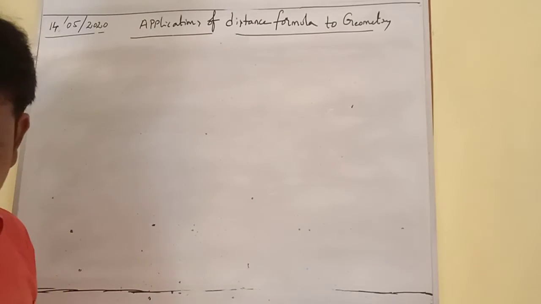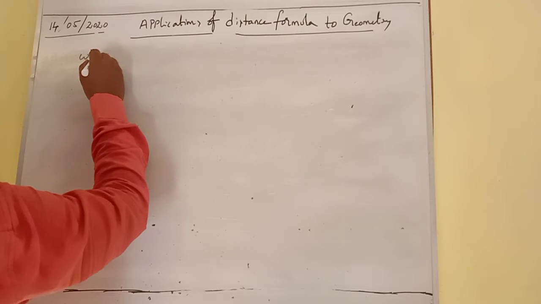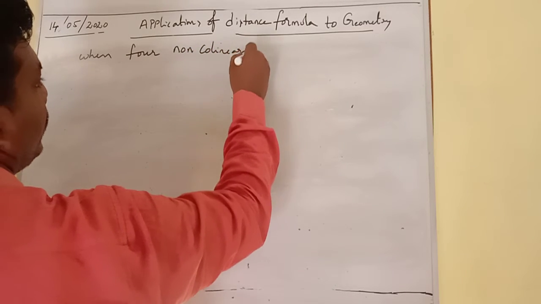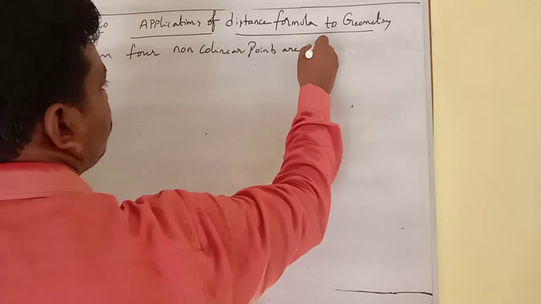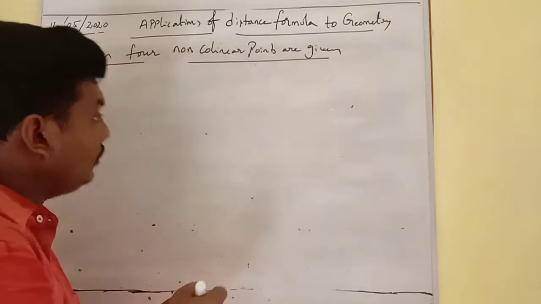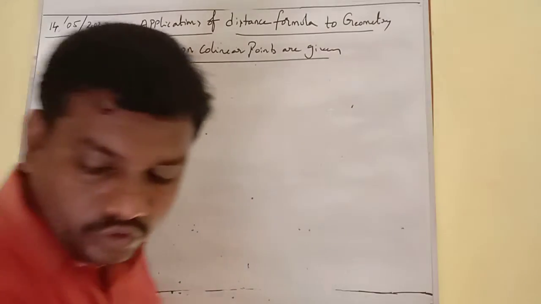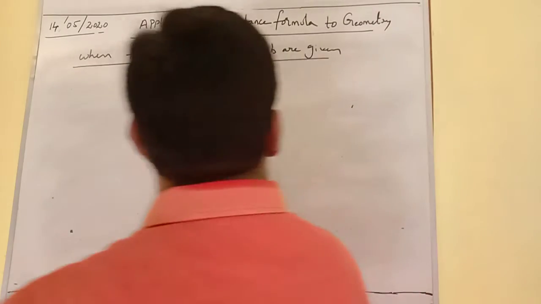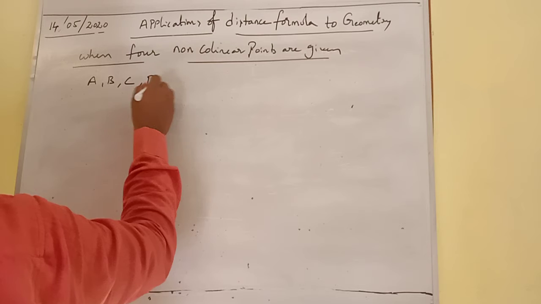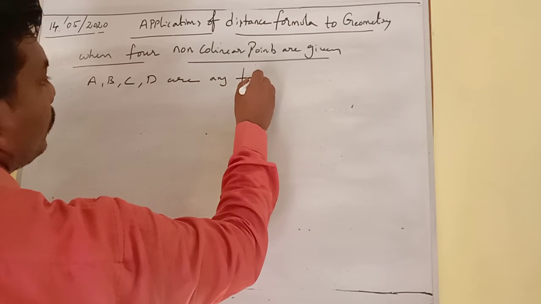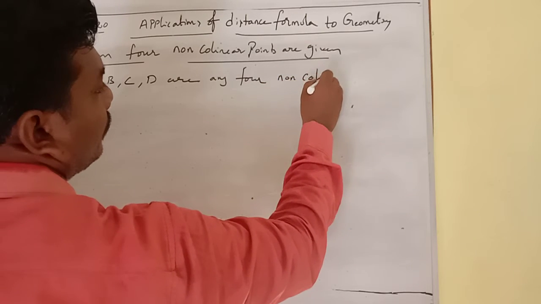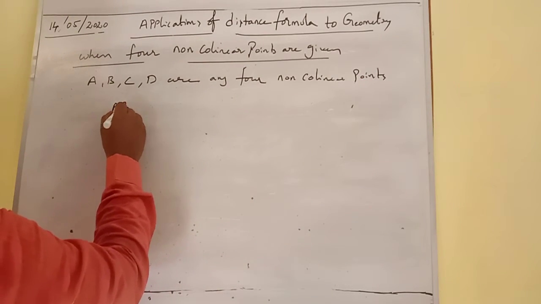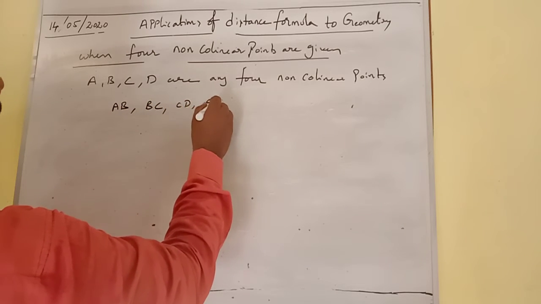What we have to show? When four non-collinear points are given, we have to find, for A, B, C, D or any four non-collinear points, the AB distance, BC distance, CD distance, and AD distance.